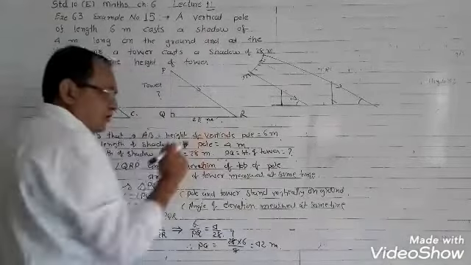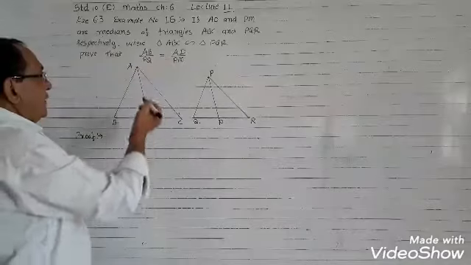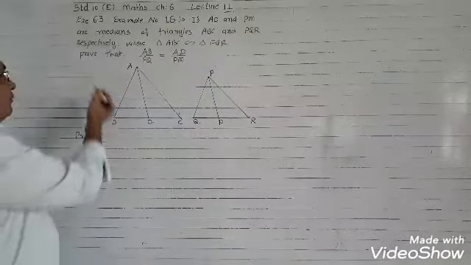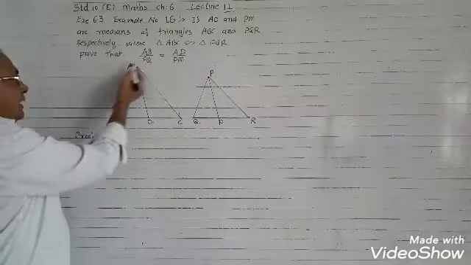Now example number 16, that is the last example of this exercise number 6.3. Then we will see the theorems, 6.6. Exercise 6.3, example number 16. If AD and PM are medians of triangles ABC and PQR respectively, where triangle ABC is similar to triangle PQR, prove that AB upon PQ is equal to AD upon PM.